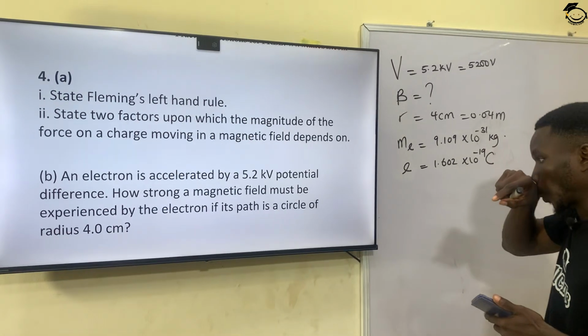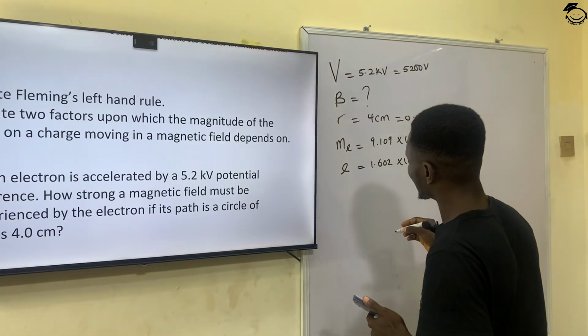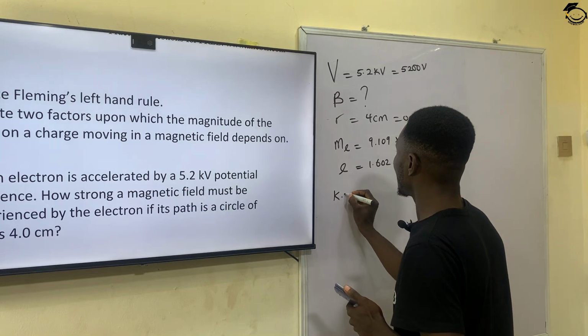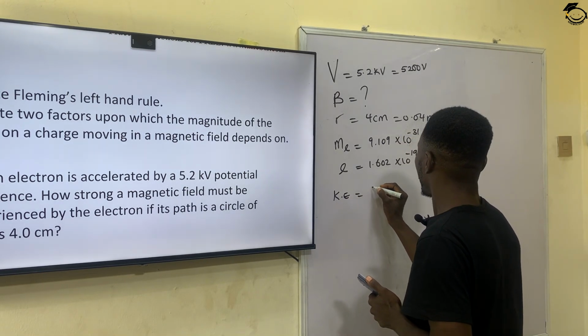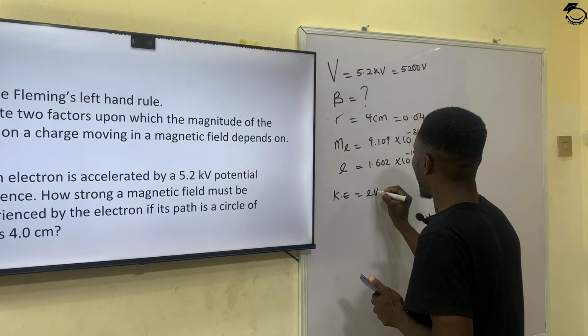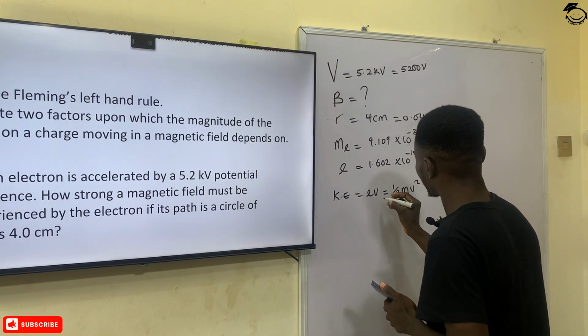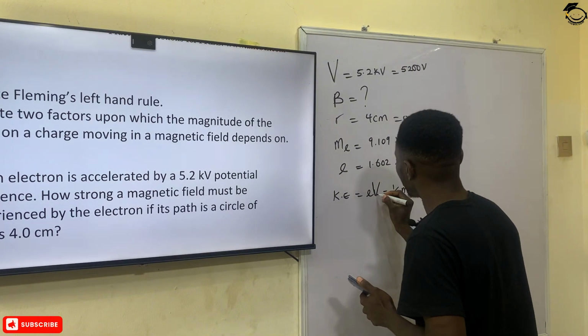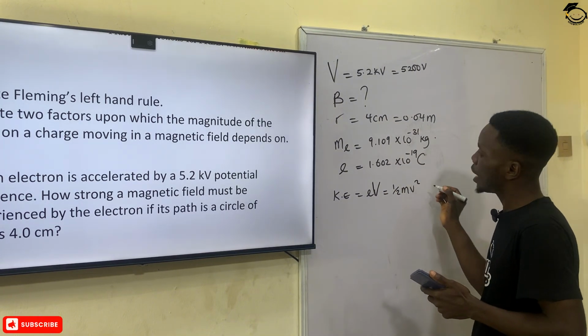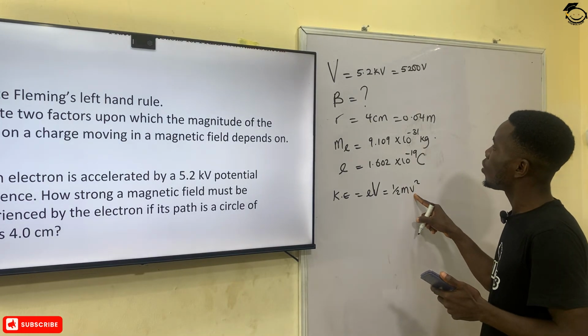So the first thing we are going to do is to say that my kinetic energy is equal to eV, and this is also equal to half mv squared. The capital V here is potential difference, but the small letter v here is your velocity.